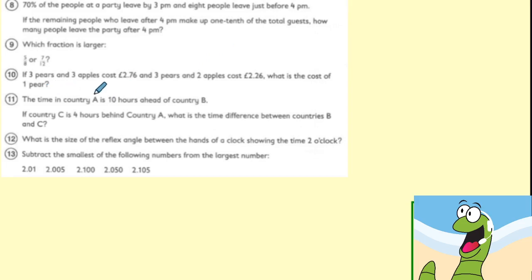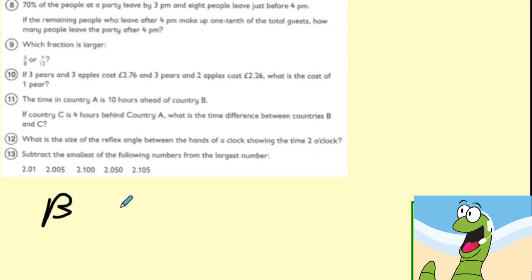Question 11. The time in country A is 10 hours ahead of country B. So let's have a look.